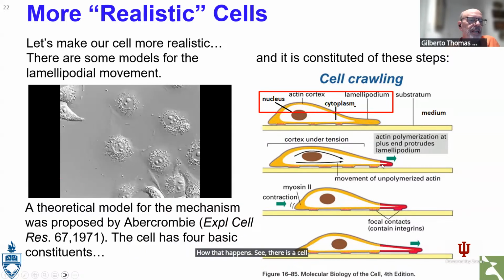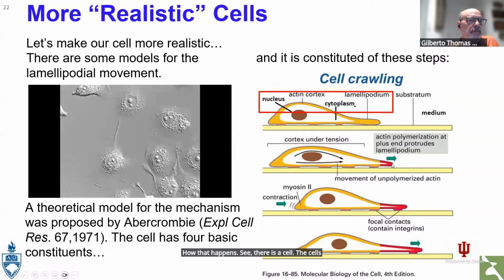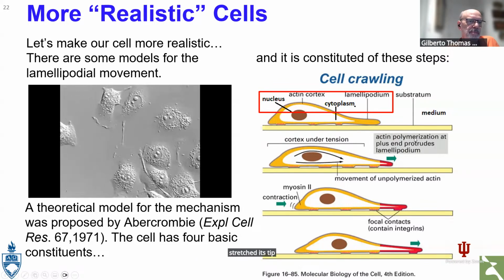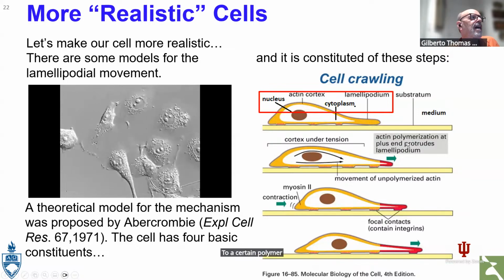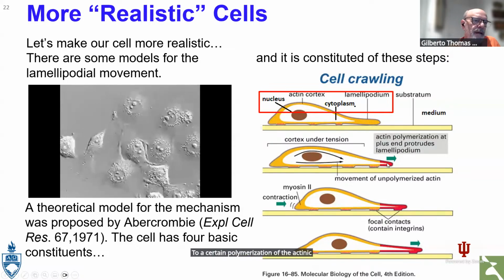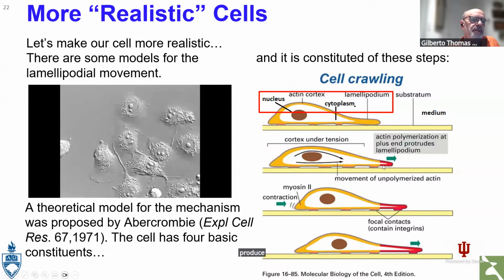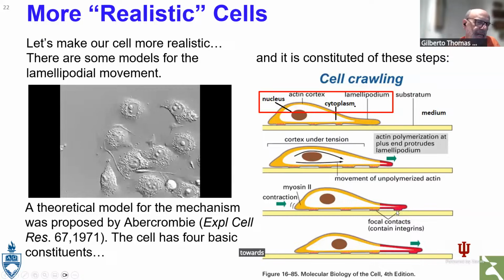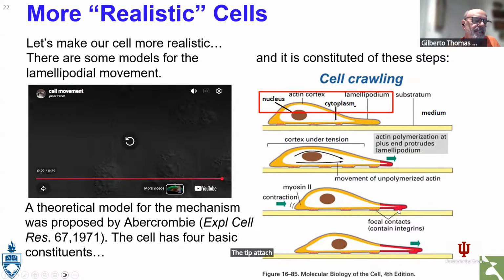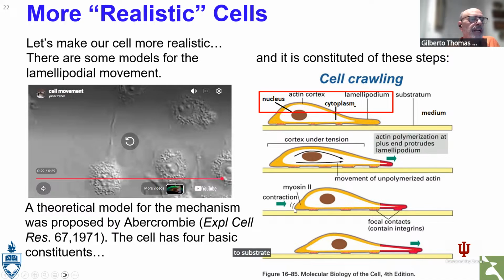The cell stretches its tip; the polymerization of the actin network here produces the tip toward the substrate, attached to the substrate, releases the end of the cell, and the fiber network inside the cell pulls the cell in that direction, contracts the cell, and the cell moves to the right.